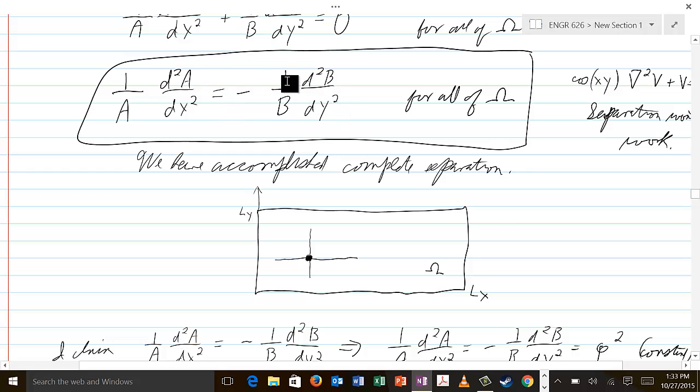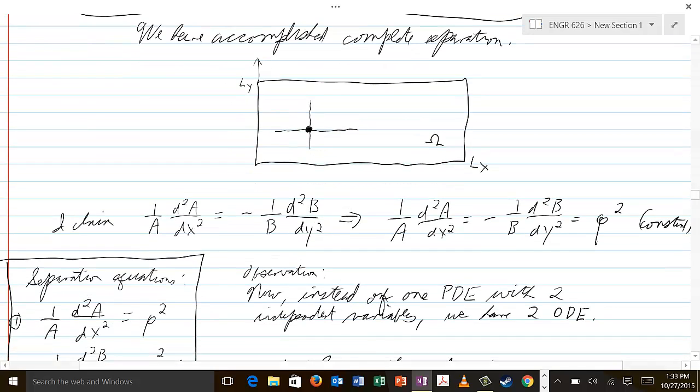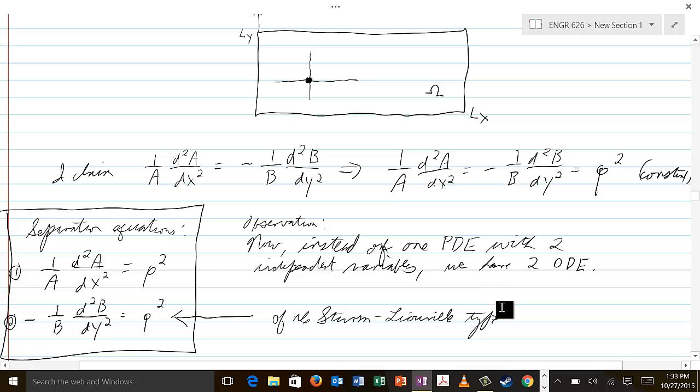So minus 1 over b d squared b dy squared is equal to 1 over a times d squared a dx squared, which is equal to some constant. And that's what we have here, and we're going to call that constant p squared. If you wonder why it's squared, you'll see that algebraically this is going to work out nicely if we choose the constant to be p squared.